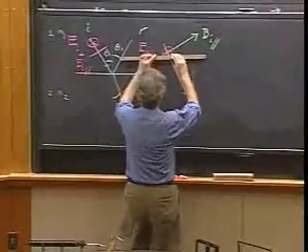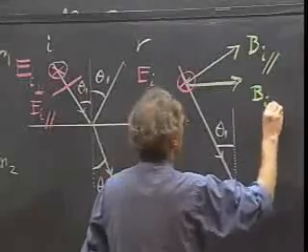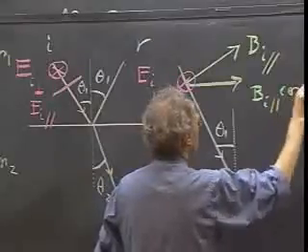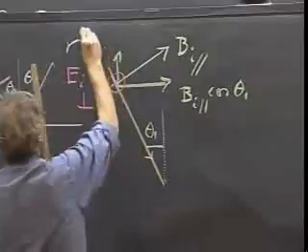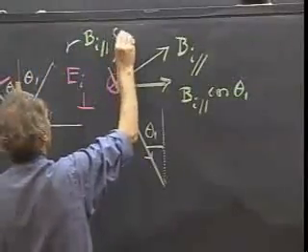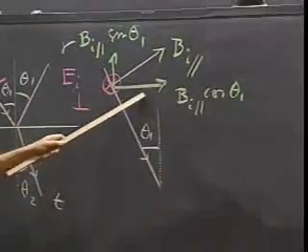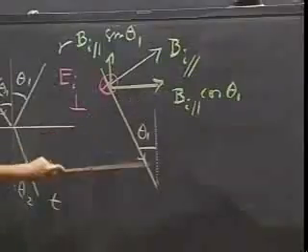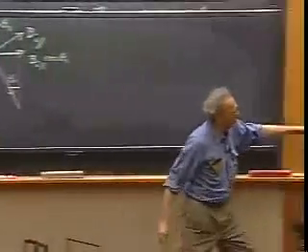I'm now going to decompose this one. I will do it in green. B incident parallel times the cosine of theta 1, and the vertical component is B incident parallel times the sine of theta 1. This is the one, when it reaches z equals 0, that is this one.